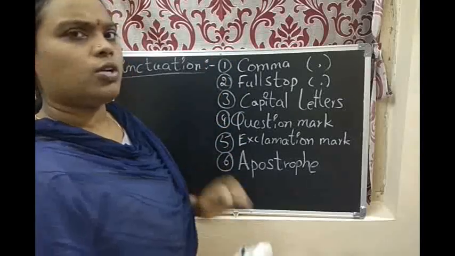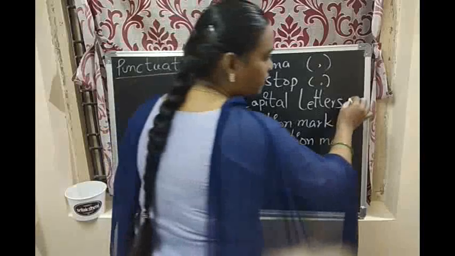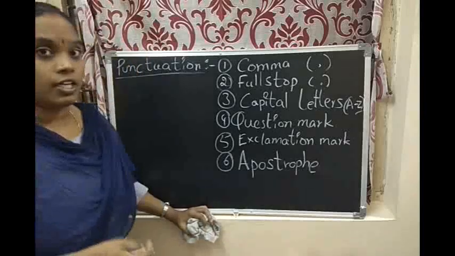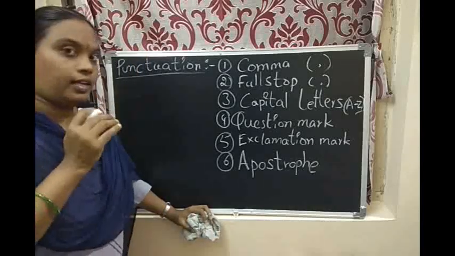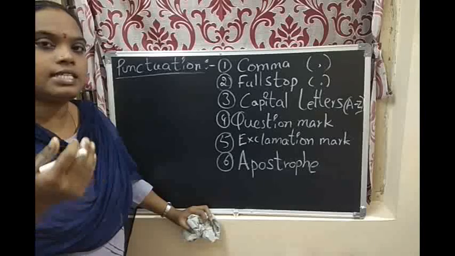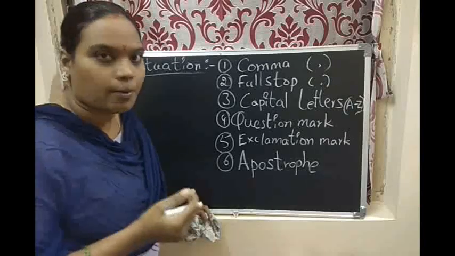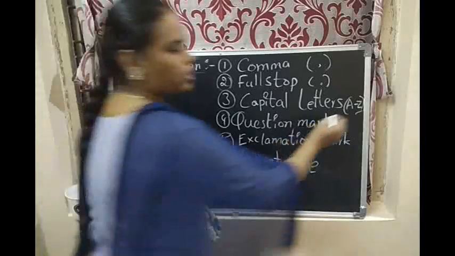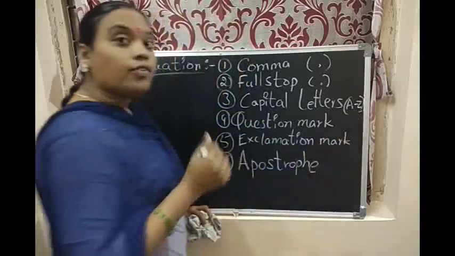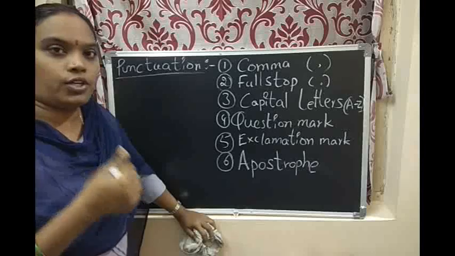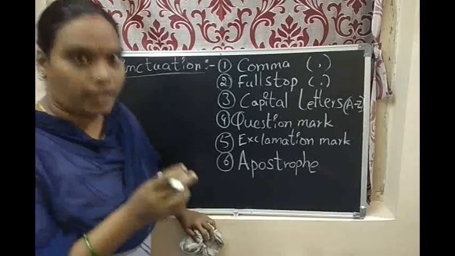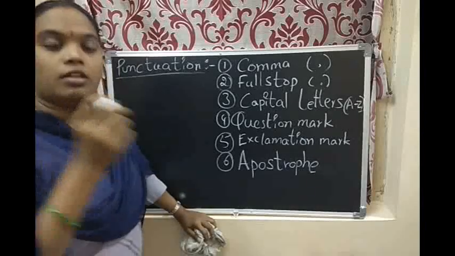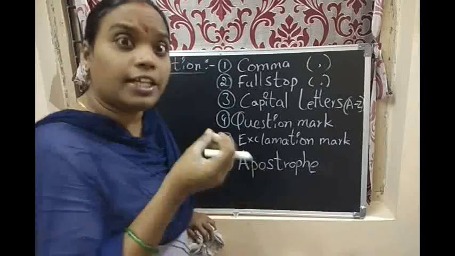And capital letters. How many letters are in the alphabet, children? Letters in the sense alphabets. In English, how many alphabets are there? 26. Those are capital letters. A to Z. A, B, C, D, E, F, G, H, I, J, K, L, M, N, O, P, Q, R, S, T, U, V, W, X, Y, Z. So these are letters where we have to use capital letters whenever we are talking about proper nouns and places, names of places, names of books, names of cities.